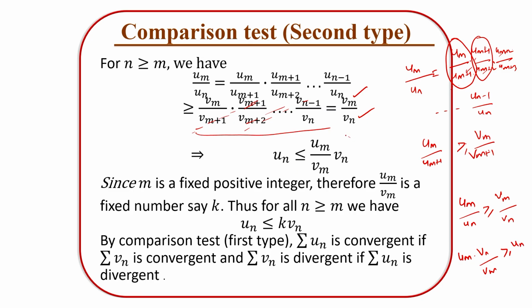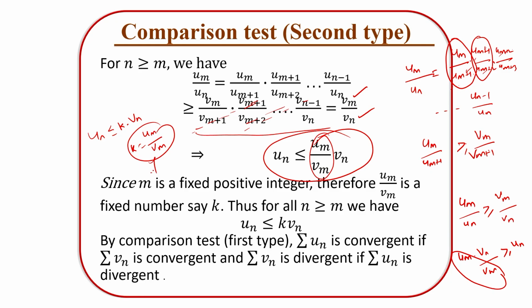So un is less than this number. Now look at a fixed m. For fixed m, um by vm is going to be a fixed quantity. So each un is less than or equal to some fixed quantity k into vn, and k is what? k is here um divided by vm. So this is a fixed quantity, right?